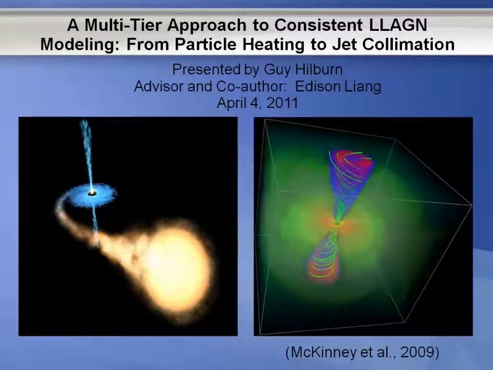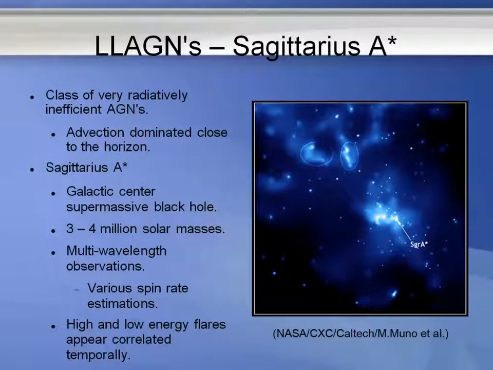Now, before I really get started talking about the modeling, I thought it was important that we all touch base on what low luminosity active galactic nuclei are. AGNs are usually related to supermassive black holes at the center of galaxies. They're called active because they tend to be extremely radiative.